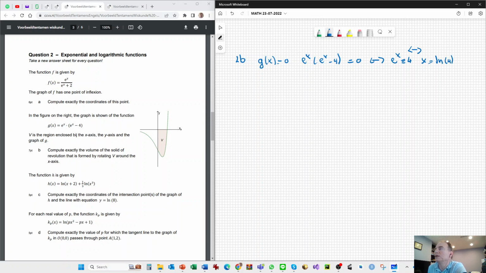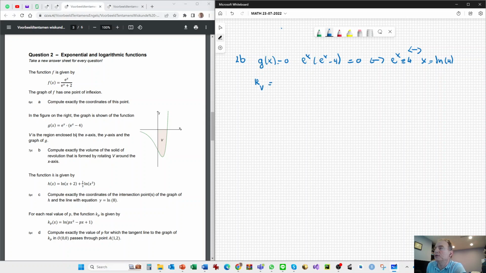Okay. So, well, then it's not too bad. So we need to get the rotating volume. Let's call that R phi.